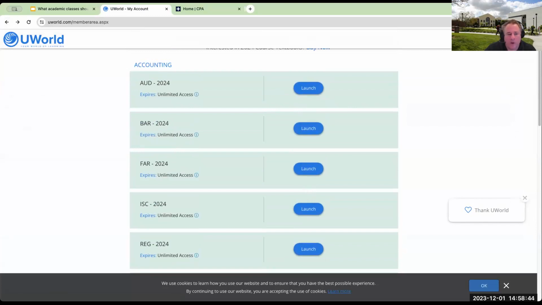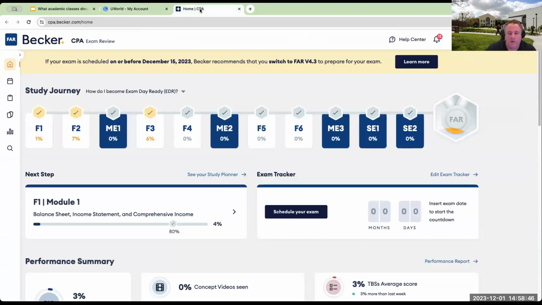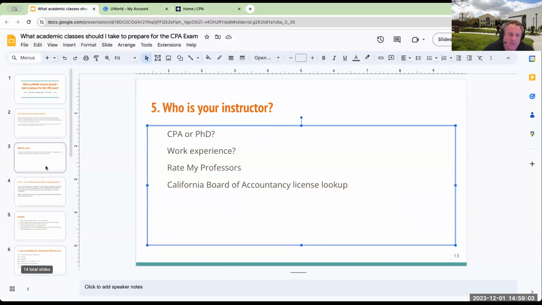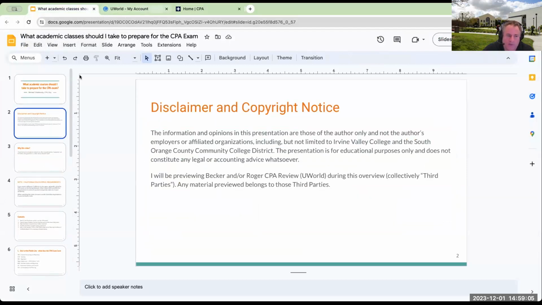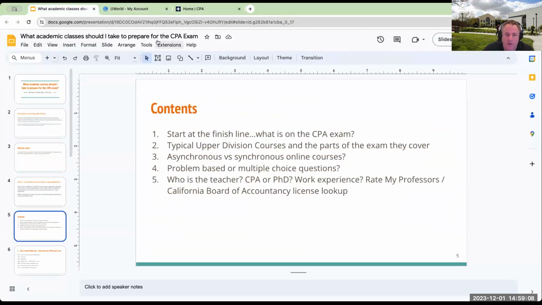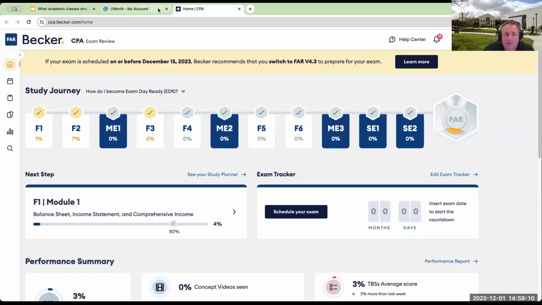Whether it be Roger or Becker, make sure you try it out to make sure it's right. Whatever you don't learn in the classroom, they can teach you in the CPA review class. However, if you're taking challenging courses in the classroom, it essentially means this is going to feel more like a review than you actually learning something new.